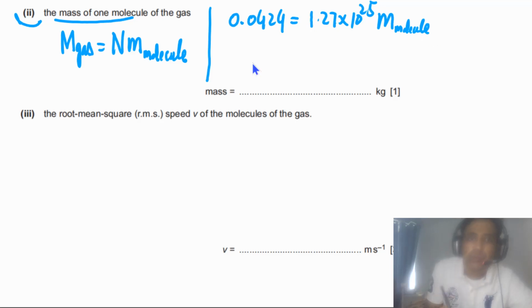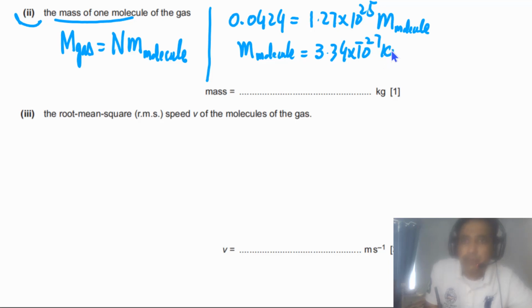If we simply divide this one by this, we can calculate mass of single molecule. That will be equal to 3.34 times 10 to minus 27 kg.